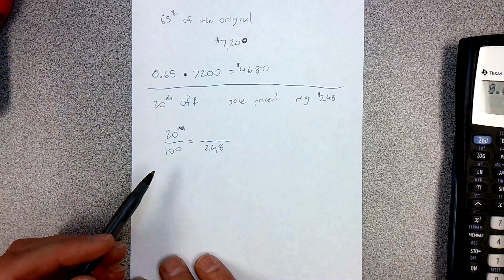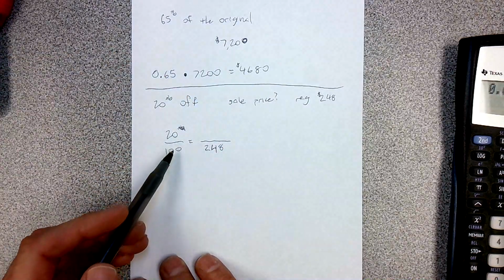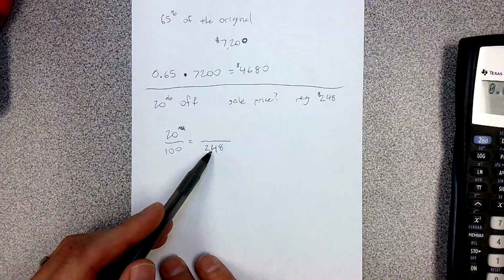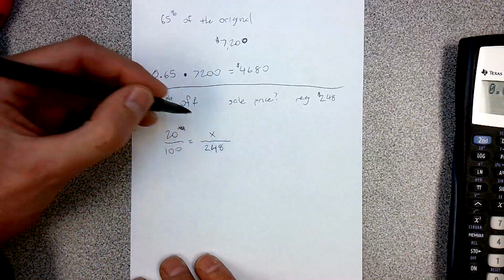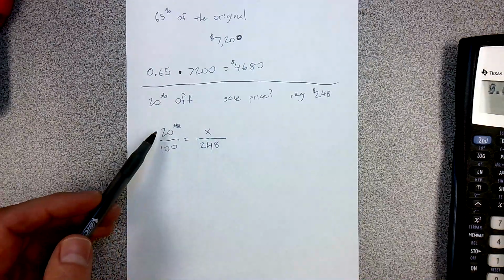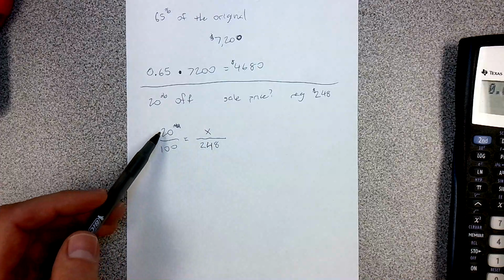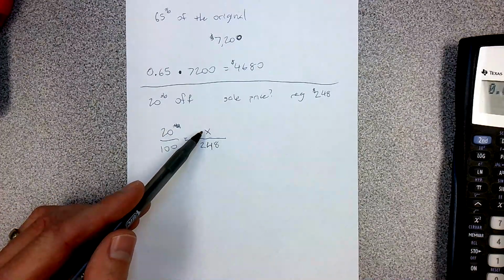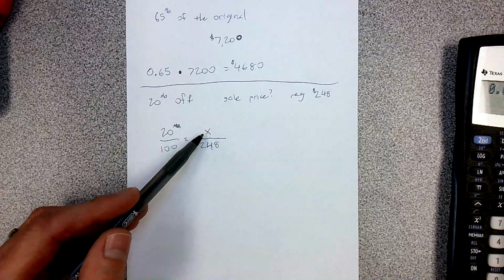So you see I'm using these proportions to build relationships between 100, which is all of it, and that regular cost. By using this proportion, I'm going to figure out how much I'm saving. If it's 20% off, this is going to tell me how much it's going to be off, what my savings is.